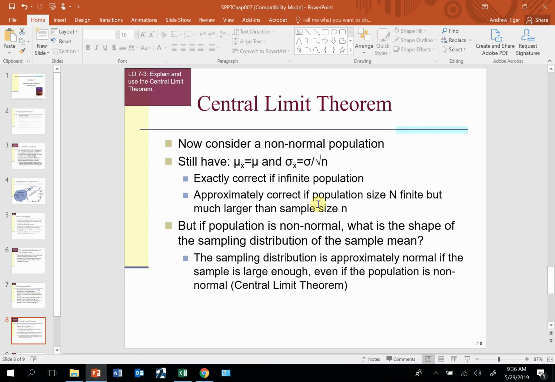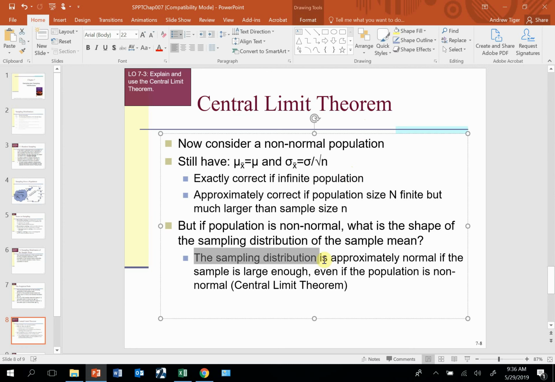If we grab from a data set and calculate a sample average, the distribution of those sample averages will look normal. This is the most important part: the distribution of the sample means will start looking normal. And we can lean on that when we start making inferences about the population.